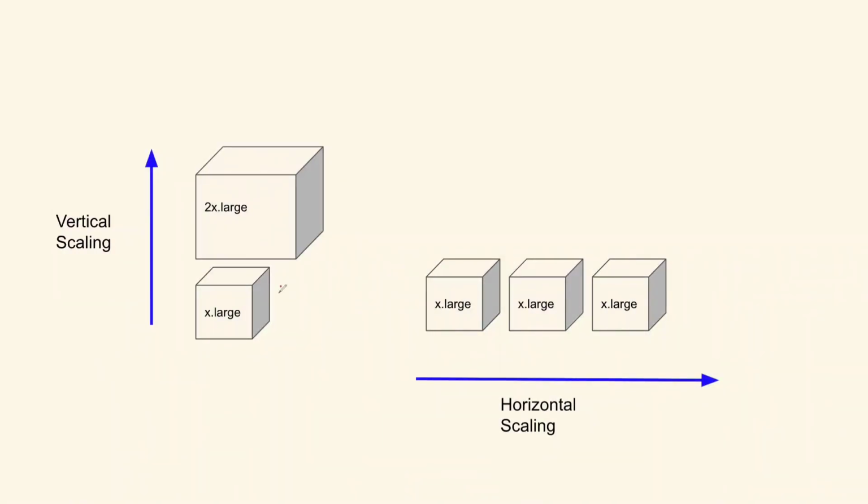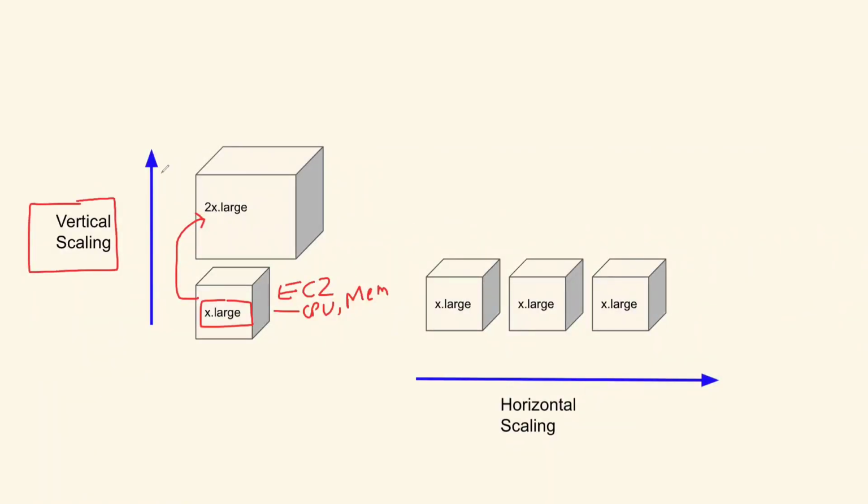If you have a server that is an EC2 instance, let's say in cloud, and it is of X large capacity, meaning the CPU and memory are of certain capacity. If you increase this machine type to 2x, which is doubling its capacity in terms of memory, CPU, and RAM, then it is called vertical scaling.